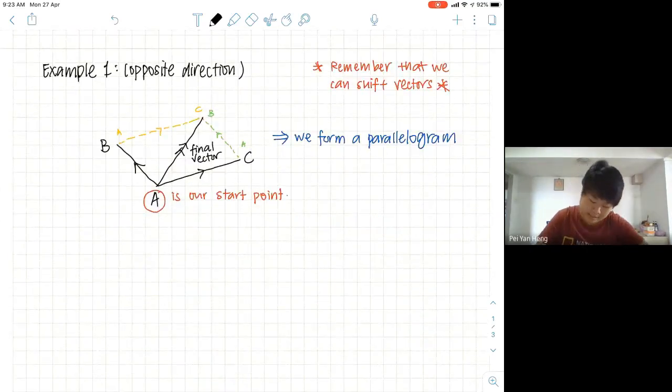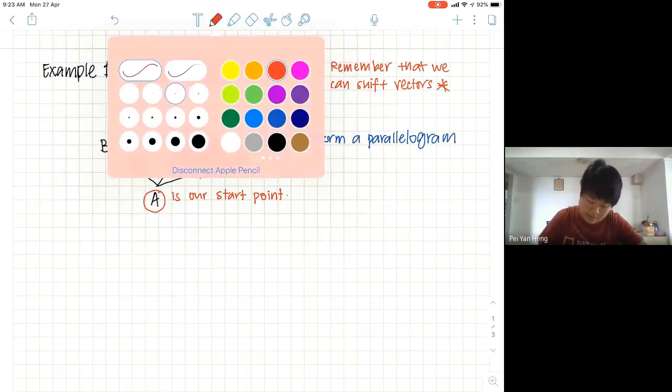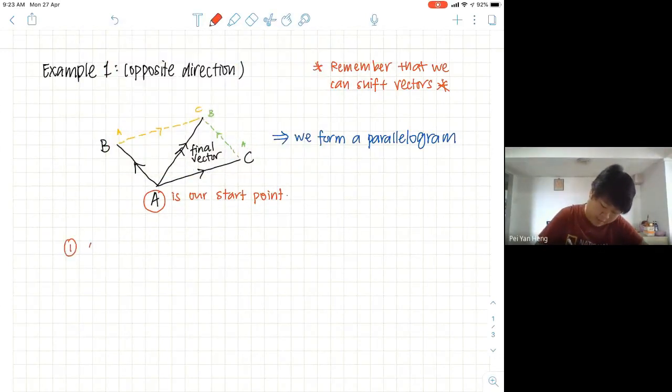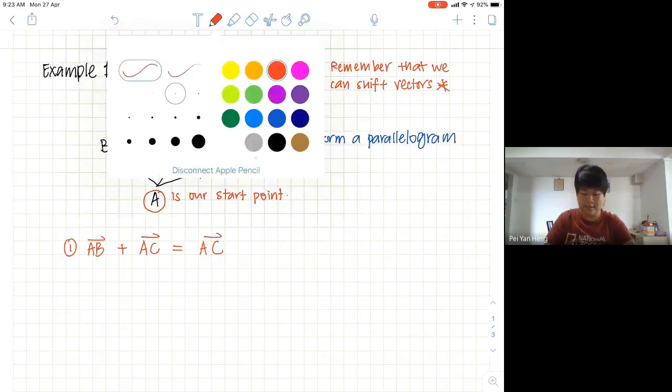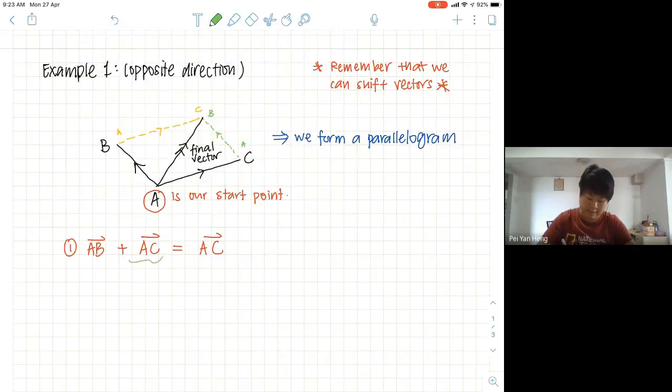In this case, if you are looking at AB, if you are walking from A to B, then you have to continue from A to C. You will end up with AC. Note that this is a shifted vector.